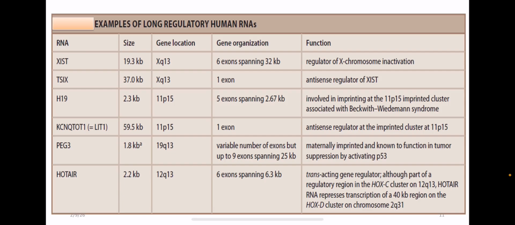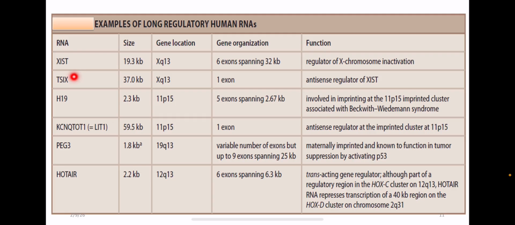But there is a table here showing different types of long non-coding RNAs and what each one of them does. What Doc actually mentioned in class was Xist RNA, which plays a role in regulating X chromosome inactivation. You realize in females they have two X chromosomes. One has to be inactivated and one has to be active.